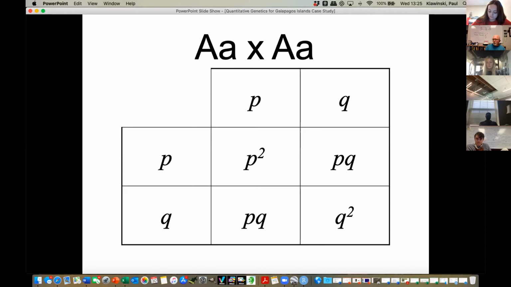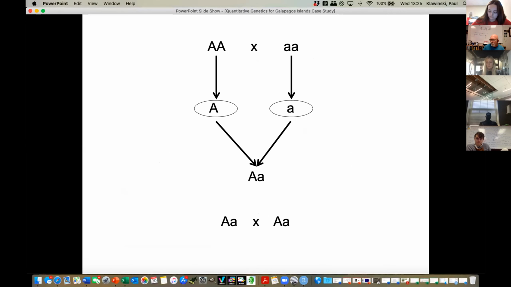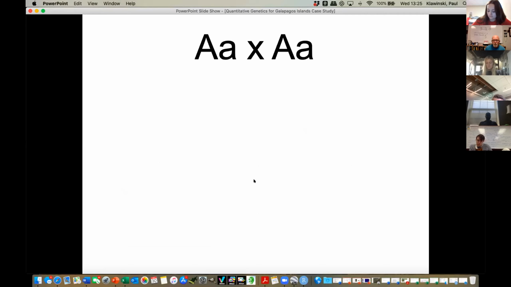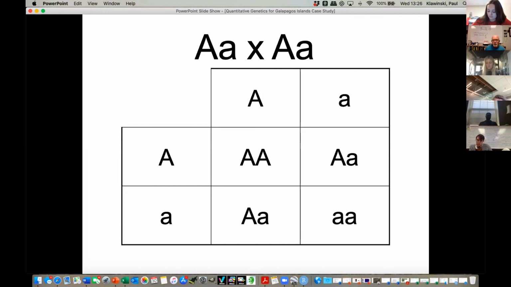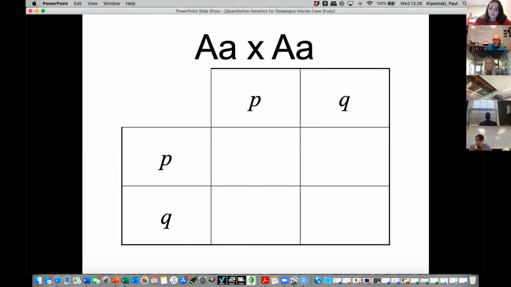So you'll notice that we started out with allele frequencies of 0.5. We got an F1 generation that had an allele frequency for each allele of 0.5. We allowed those individuals to breed, and they produced a set of offspring that had an allele frequency of 0.5. If we were to allow all of those individuals to mate with one another, we could figure out what their genotype frequencies would be using the Hardy-Weinberg equilibrium equation.